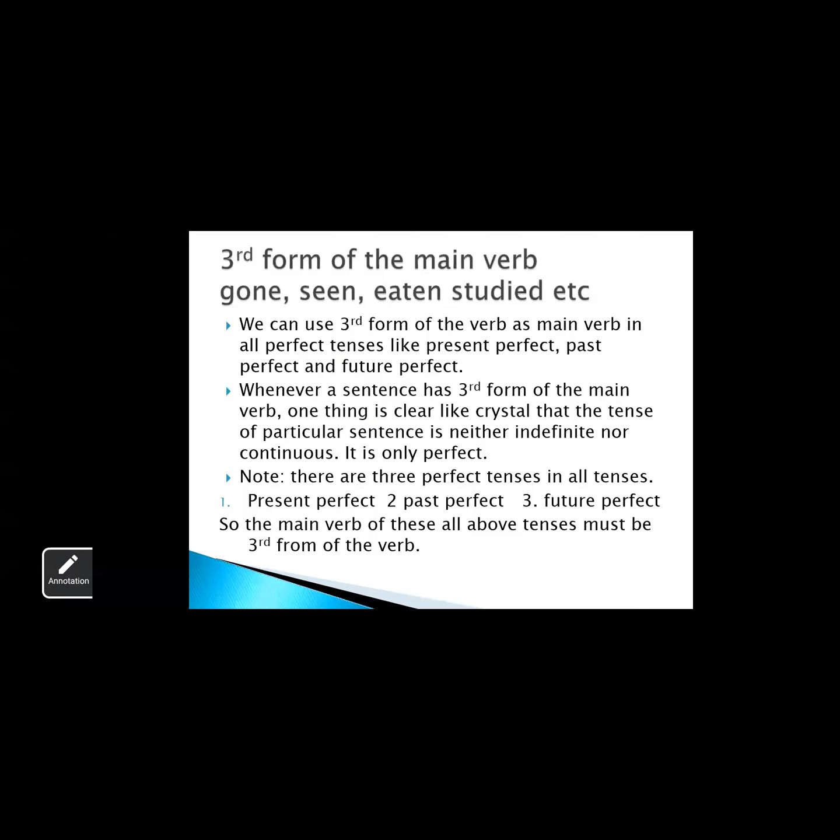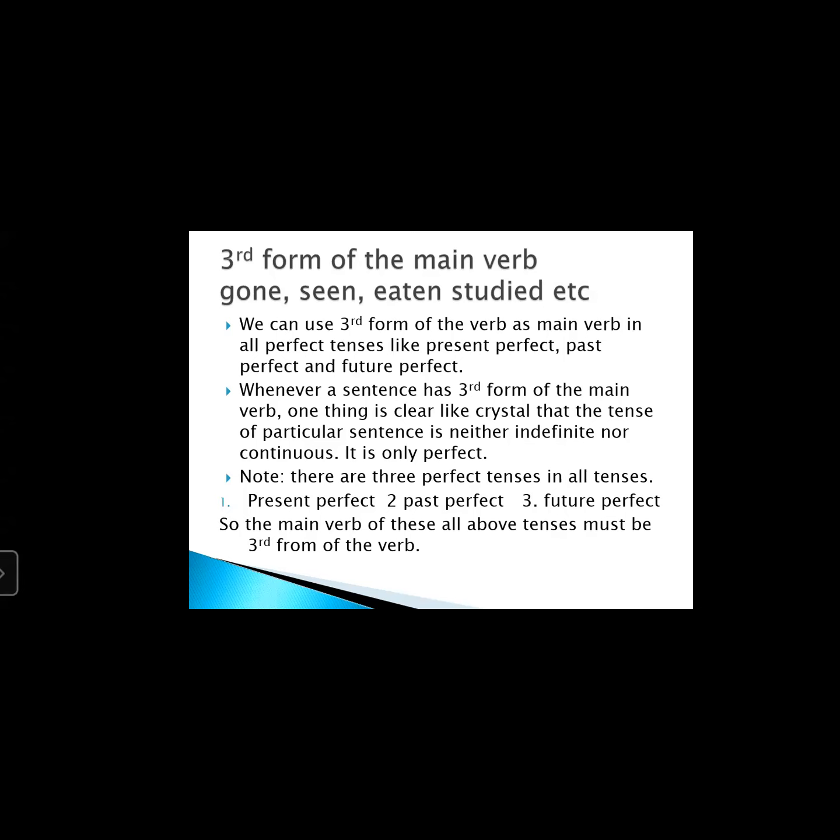Yes. So when I talk about the perfect tenses, you will have to go for the third form of the verb. So there are 3 perfect tenses: present perfect, past perfect, and future perfect. We can use the third form of the verb as main verb in all perfect tenses. Whenever a sentence has the third form of the main verb, one thing is clear like crystal: the tense of that sentence is neither indefinite nor continuous.